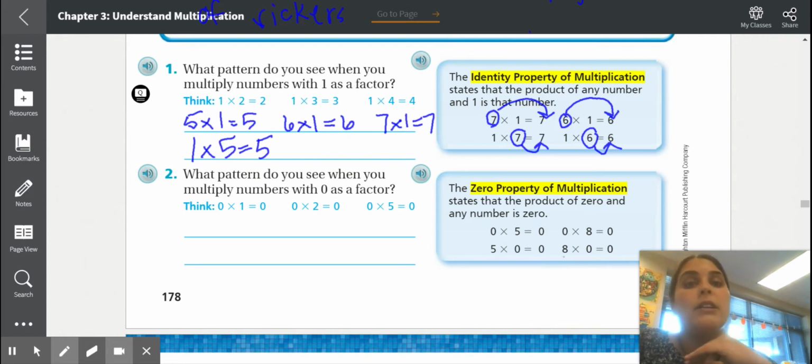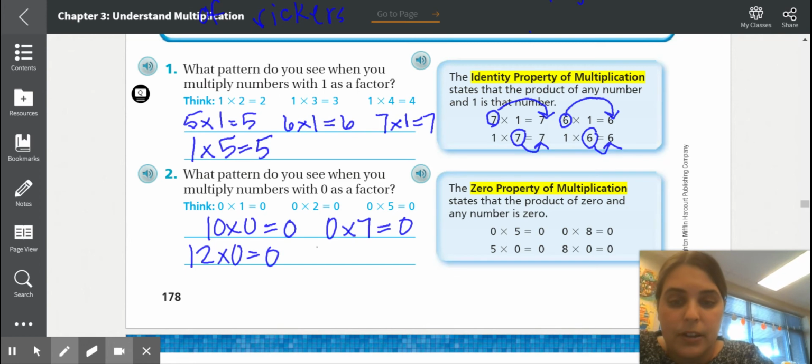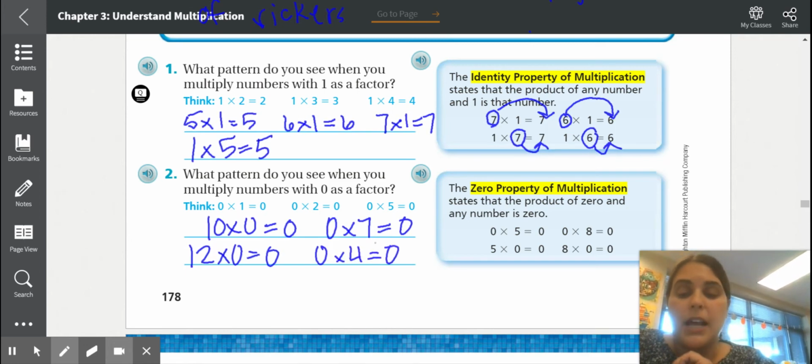And that's always, always, always true. So we could do 10 times 0 equals 0. 0 times 7 equals 0. 12 times 0 equals 0. 0 times 4 equals 0. So that's the second rule. 0 times any number equals 0.